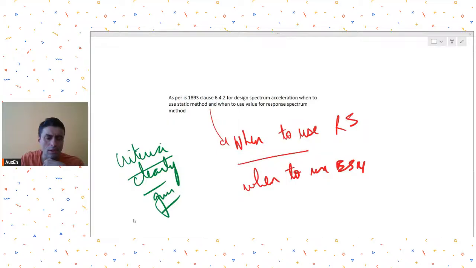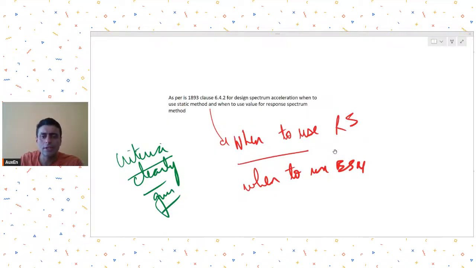I'm not able to remember it exactly, but as per my memory, up to 15 meters height in zone 3 you are allowed to go for equivalent static. Of course, your building should not have any vertical or horizontal irregularity. If that is the case, you are allowed to use equivalent static.